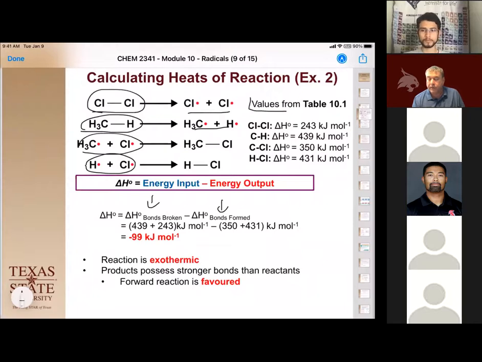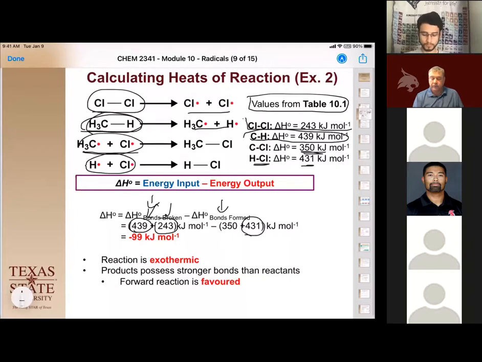So breaking chlorine apart gave us this 439 kilojoules per mole. Breaking the hydrogen off the methyl group gave us this many kilojoules per mole right here. Oh, sorry, chlorine and the methane, sorry, I mixed them. And then when we recombine the chlorine with the methane, that's 350 kilojoules per mole. And when we recombine hydrogen with chlorine, that's 430 kilojoules per mole.